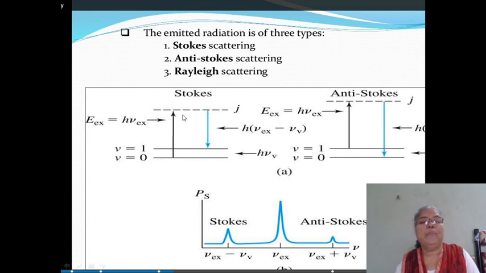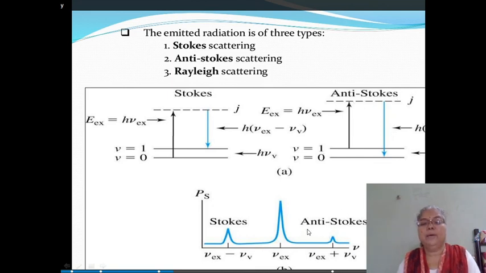Here, instead of absorption, we get a scattering of radiation, and the scattered light has either greater frequency or lower frequency. If the scattered light has less frequency than the incident light, that scattering is called Stokes scattering. And the scattered light with greater frequency than the incident light, that scattering is called anti-Stokes scattering.